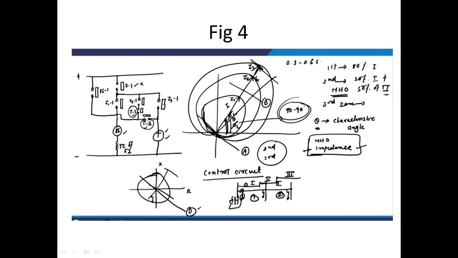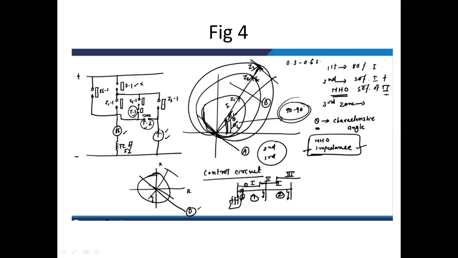We have another timer contact, that is T1 and T2. So this is the control circuit of the distance relay.